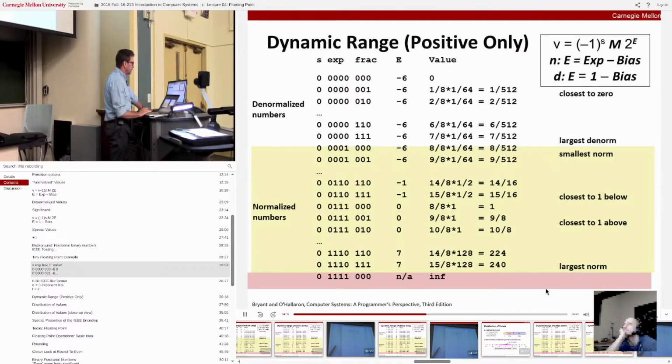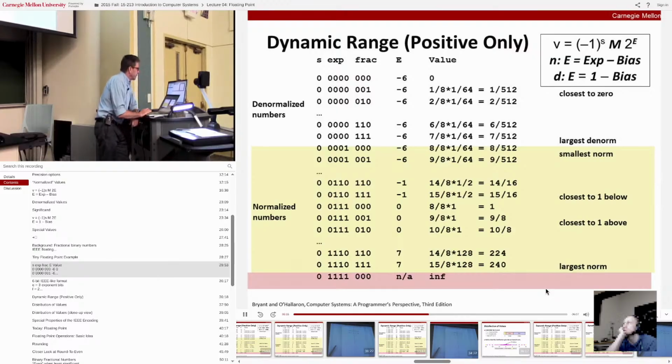So what's exp in this case? 1. Minus 7, the bias, is minus 6. So lo and behold, it's the same exponent as the previous denormalized number. So this is actually very clever by the IEEE folks, because you get this nice smooth transition from denorms to normalized. So you can see that our exponent E is minus 6 still.